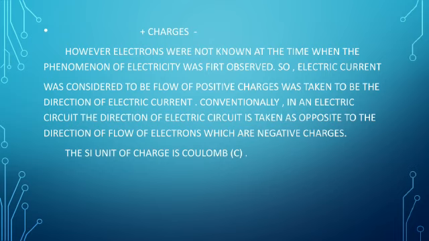Conventionally, in an electric circuit, the direction of electric current is taken as opposite to the direction of flow of electrons, which are negative charges. The SI unit of charge is coulomb, which is equivalent to the charge contained in nearly 6 into 10 raised to 18 electrons.